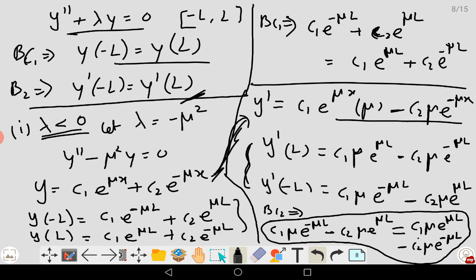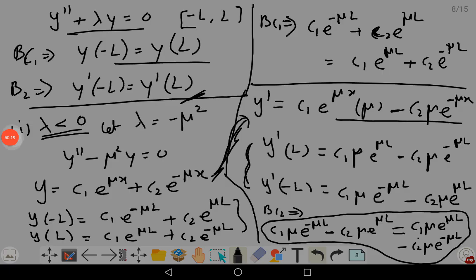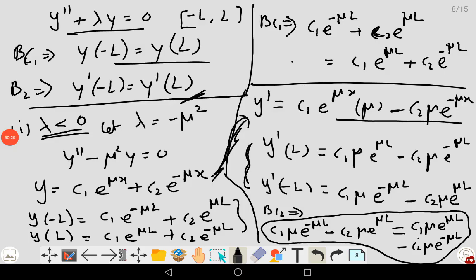Now using this we can judge whether c1 and c2 can be only zeros or non-zeros.